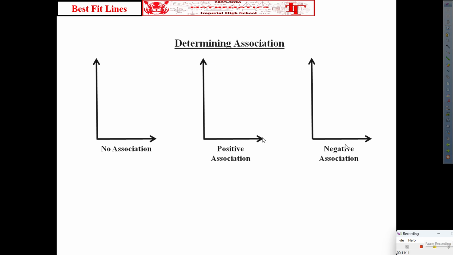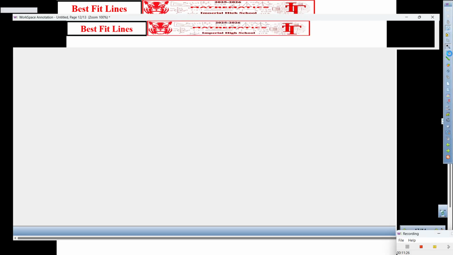The second one is positive association, and the last one is a negative association. So, the reason we need to clarify this, because some of you are still kind of iffy in regards to how you read the graph. So here it goes. Writing utensils down, look up to the screen, you'll finish up in a little bit.